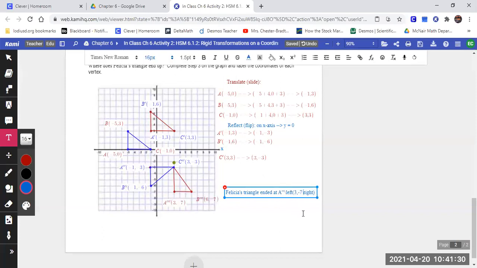A: 3, -7. At B, 1, 2, 3: 6, -7. And C, 1, 2, 3: 3, -3. Okay?